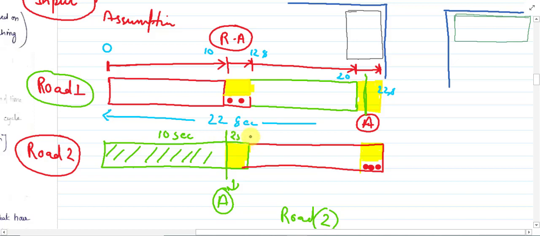After 2 seconds, we have 8 seconds of red time, and after the 8 seconds we move to the 2 seconds of red amber time. So basically you can see that if the vehicle stops on road 1 from 0 to 12 seconds, the vehicle moves on road 2 during this time, which is 0 to 12 seconds. So basically this is a phase diagram.